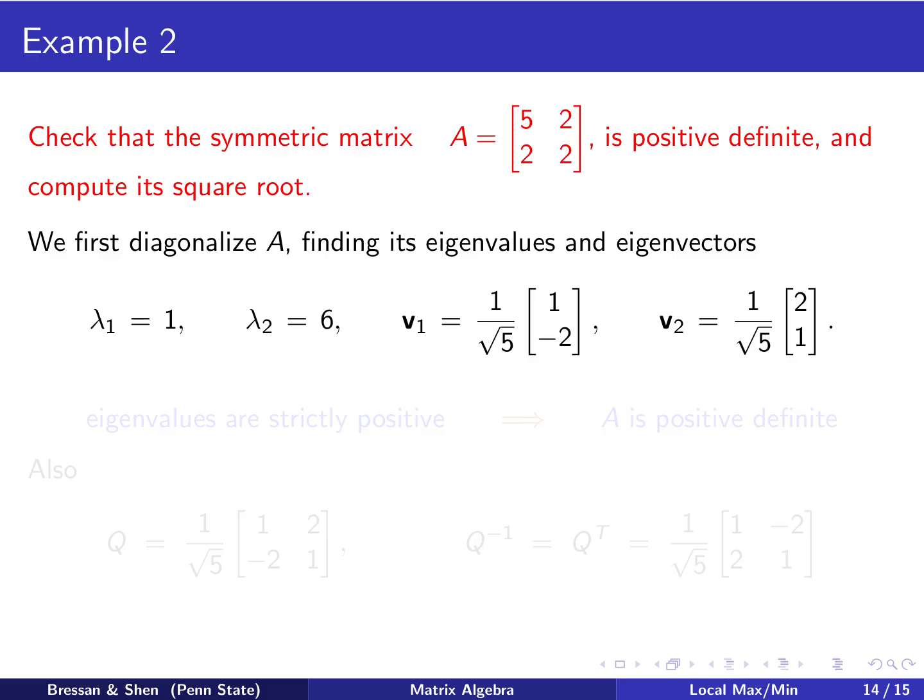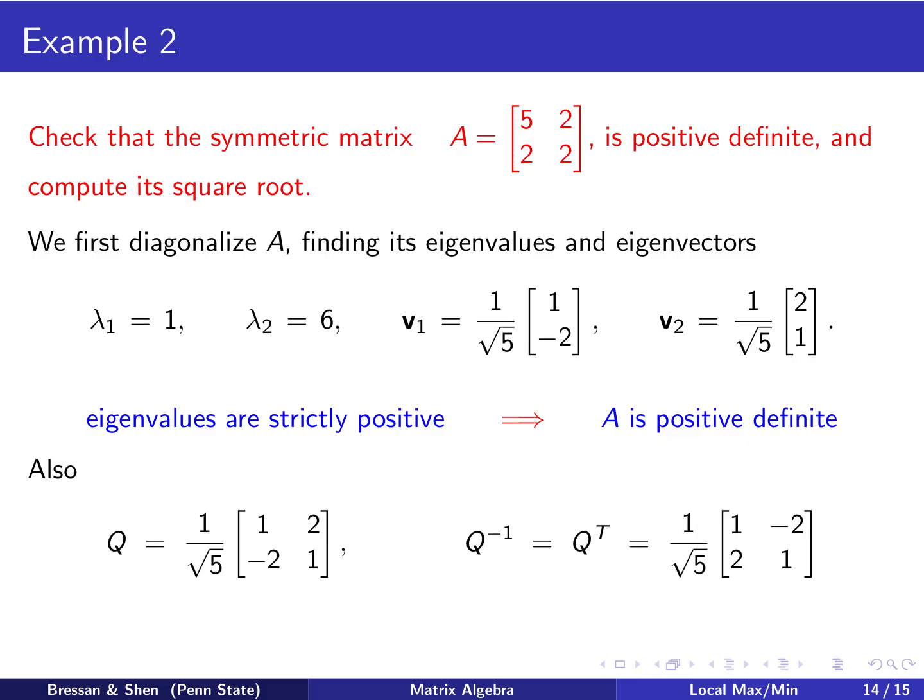These are the two eigenvalues, and these are the two eigenvectors, and we further normalize them so that the norm of both is 1, unit length. We see the eigenvalues are strictly positive and distinct, and so A is positive definite.